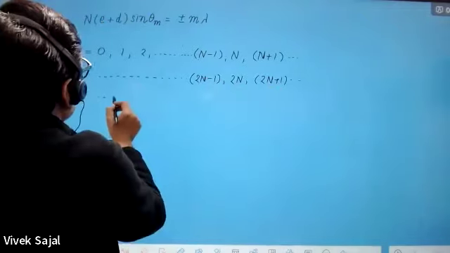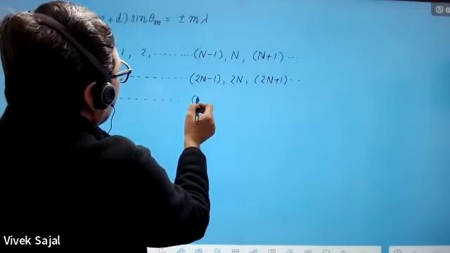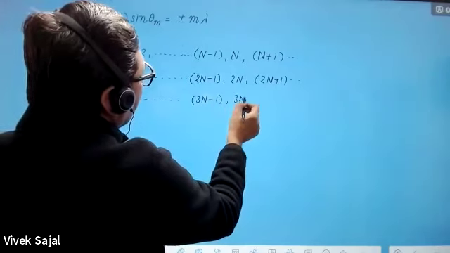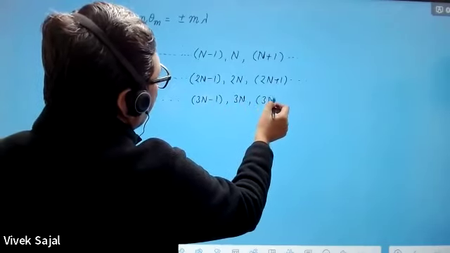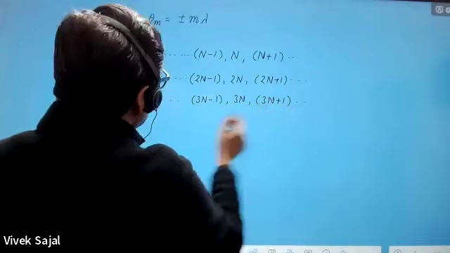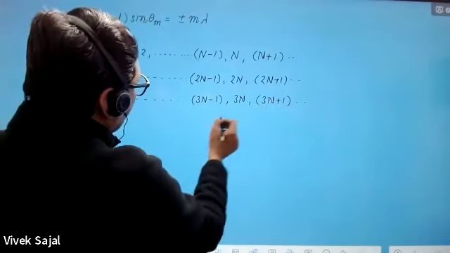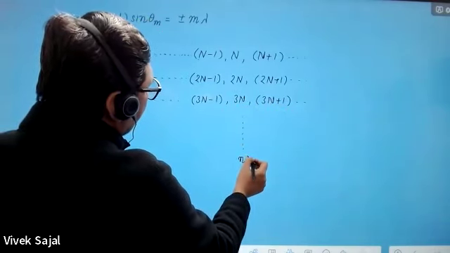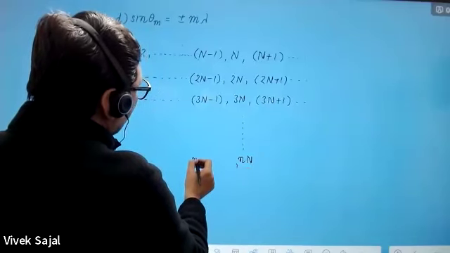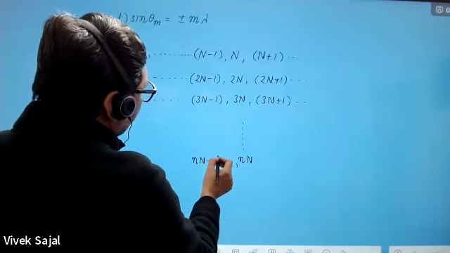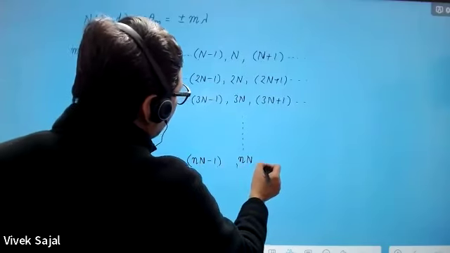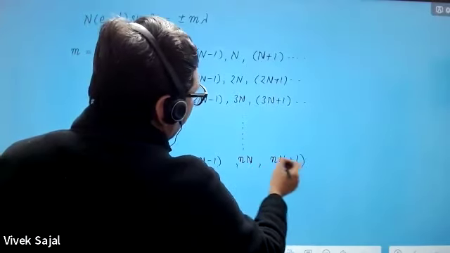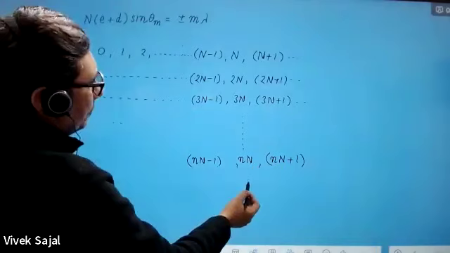Continue like this: 3n minus 1, 3n, 3n plus 1, and so on. And here it will be nn minus 1, nn, nn plus 1, and so on.